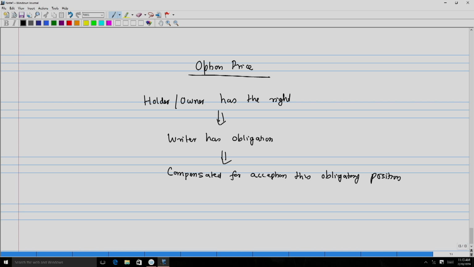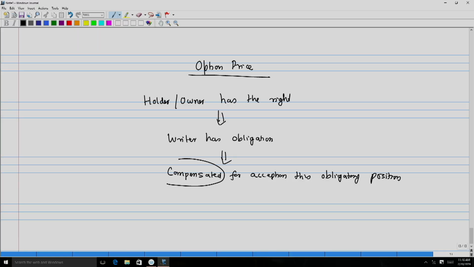Because party B has decided to take a position where they are at a disadvantage, they expect that party A, the owner of the option who has a position of advantage, will provide them with a certain amount of compensation right at the beginning at time small t.